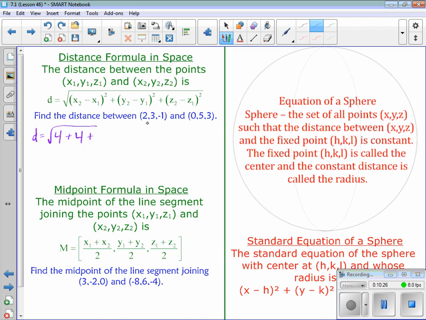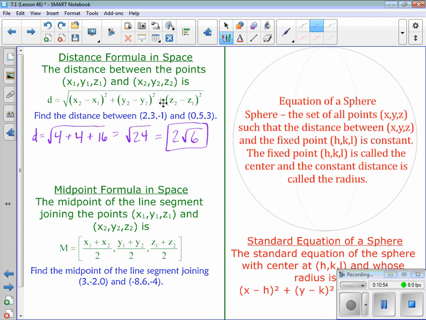How much did my z's change by? 4, when I square it? 16. And that's how quick this is. So I get the square root of 24. And does that break down? 2 square root of 6? Because it's square root of 4 times square root of 6, right? So that's 2 square root of 6. So any questions on that?